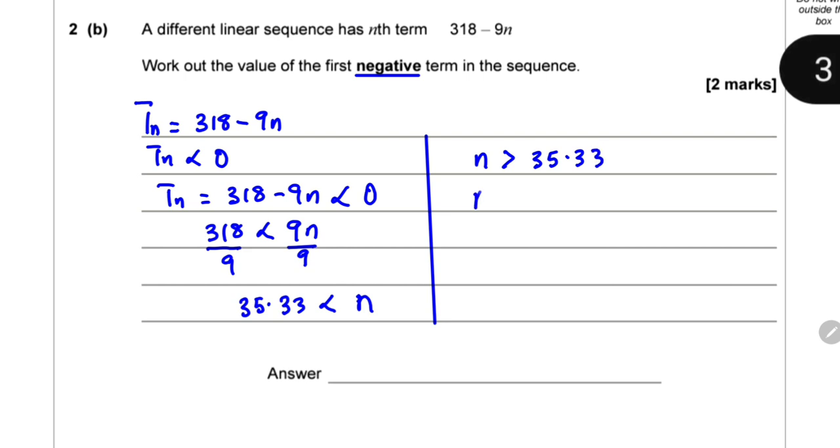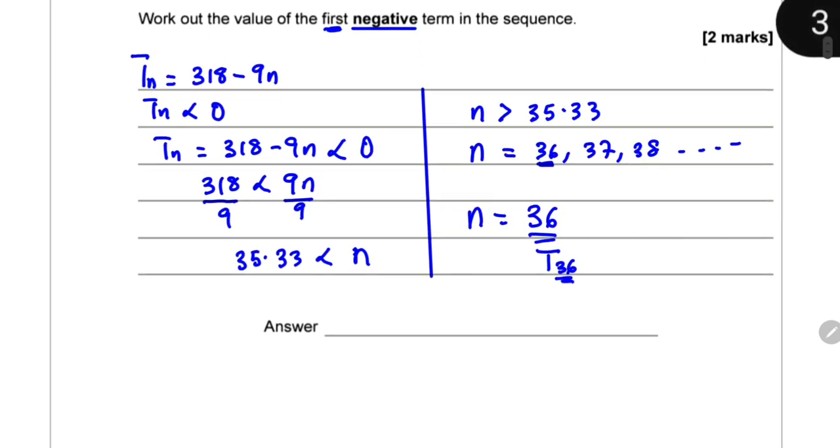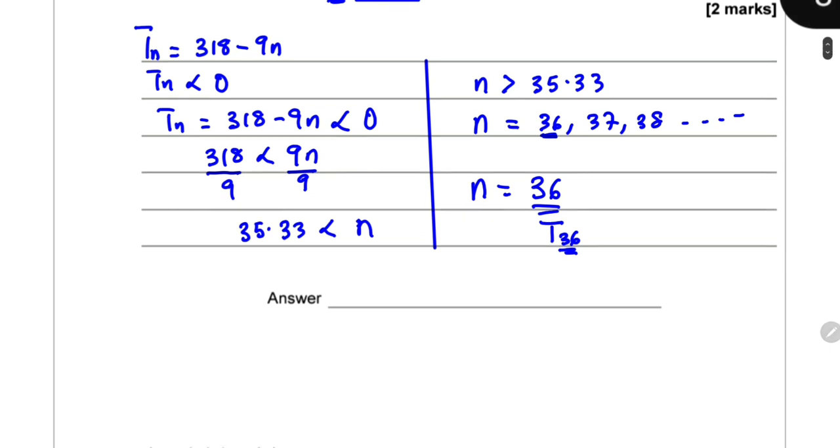So you see, n as an integer could start from 36, 37, 38, and so on. So remember, it says the first negative. So the value n must be equal to 36. So it is T36 that will give us the first negative. So it is very important that we take note of that.